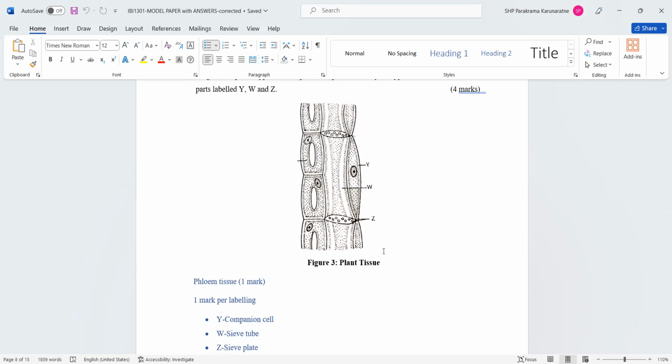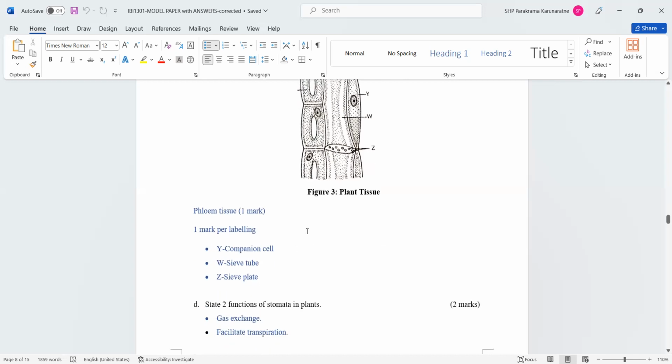They are non-living cells, and the flow is unidirectional, to one side, because xylem takes water and minerals from bottom to up. Now for phloem, both upward and downward movements can be there, right? The three things you have.